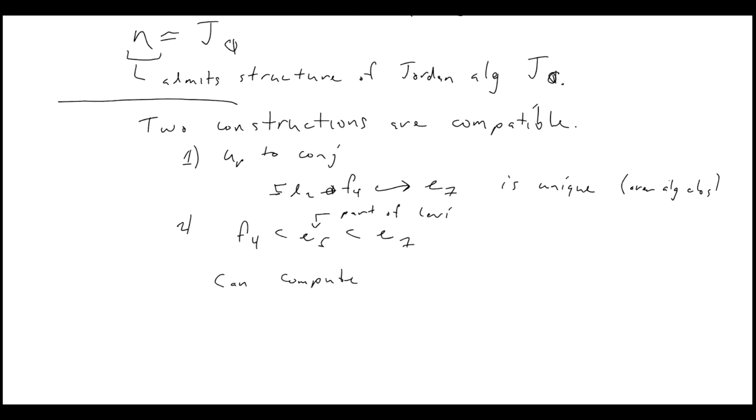You can compute the centralizer of this F4. It's going to be three-dimensional, and maybe I'll just write it like this. It's the center of the Levi plus k times the identity.